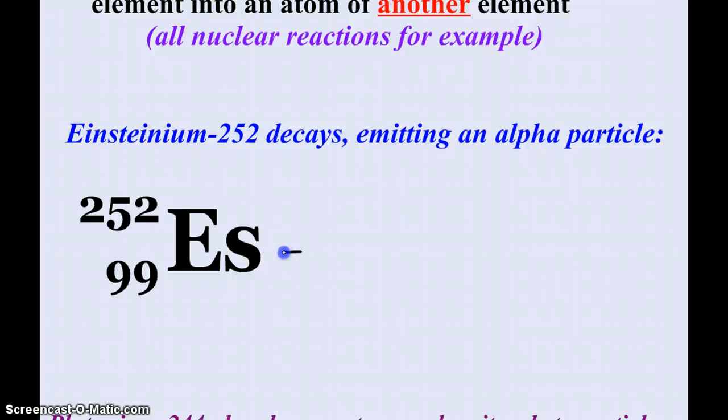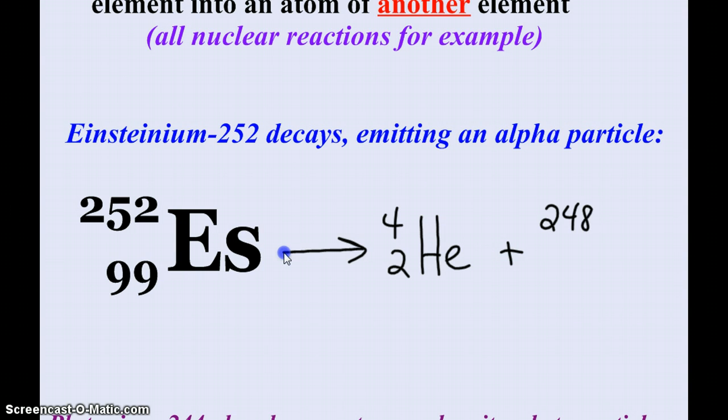So what I do, I draw my arrow for my Einsteinium, and then it's emitting an alpha particle. And so I just need to subtract that out. So 252, put the plus sign there, 252 minus 4 is 248, and 99 minus 2 is 97, an atom of berkelium.